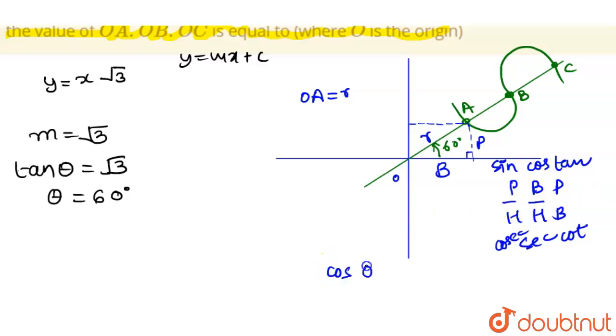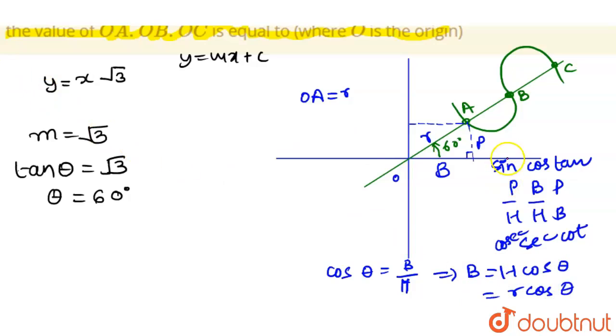So we can write here that cos theta is equal to B upon H, and B is the horizontal distance that we have to find out. So B is equal to H cos theta, and hypotenuse is R. So we can write here R cos theta.